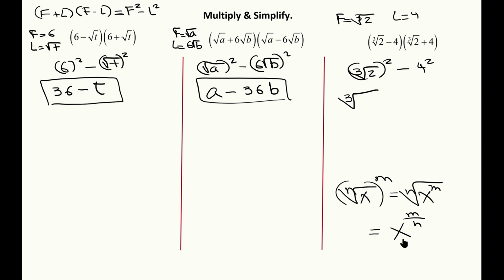We're not really dealing with this part right now, but we're using this fact. So we get the cube root of 2 squared, which is the cube root of 4, minus 16. And of course, there's nothing else that can be done here, so we are done.